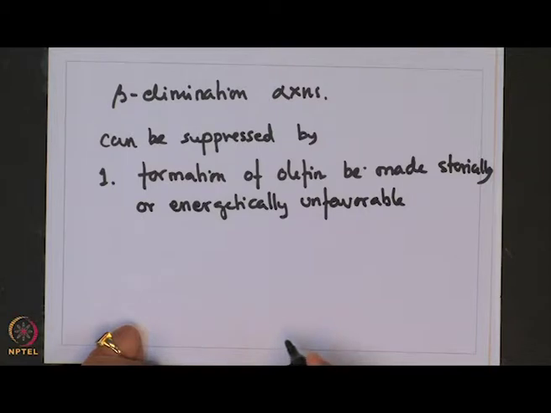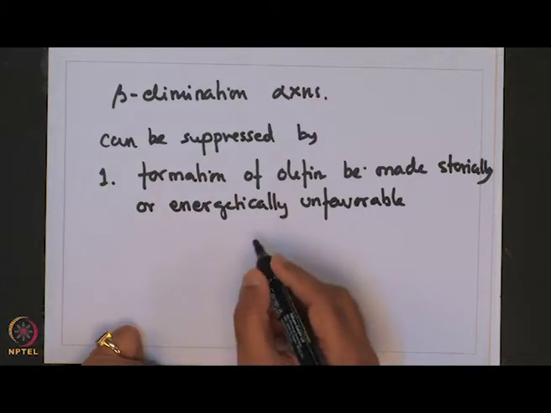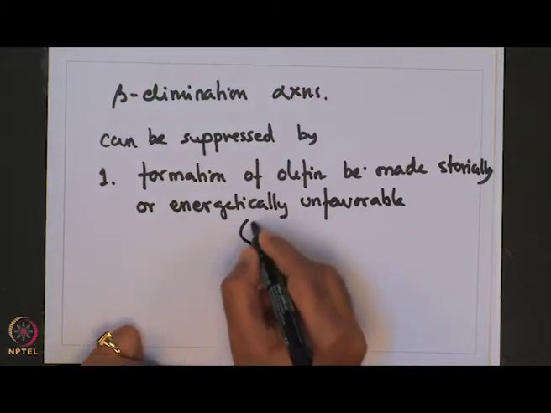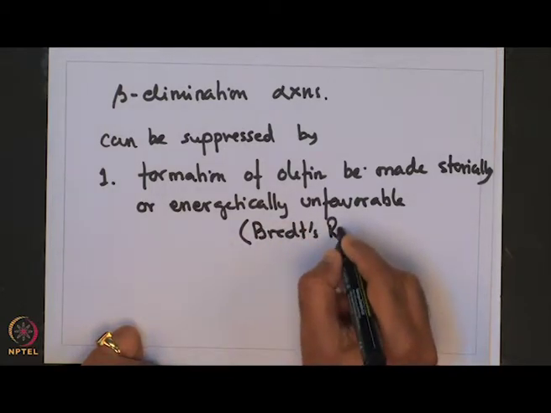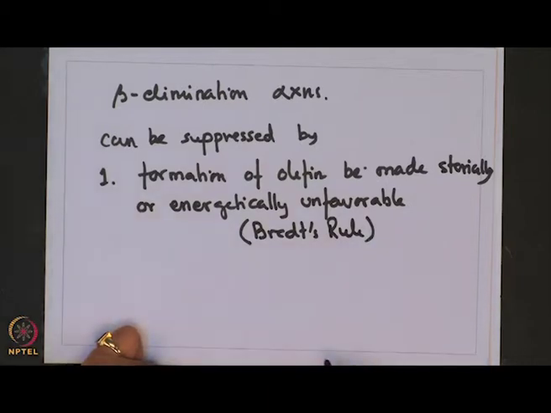This was made possible by application of Bredt's rule, whereby formation of an olefin at a bridge carbon becomes unfavorable. An example of this is the norbornene ligand, which does not undergo beta elimination even though there is a beta hydrogen in the ligand at its beta carbon atom.